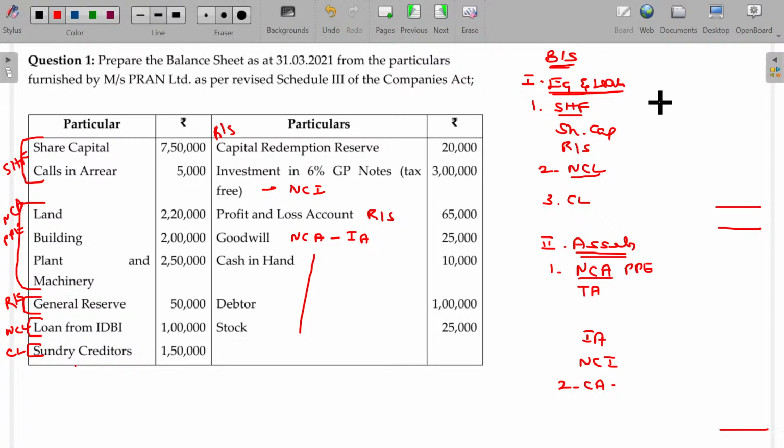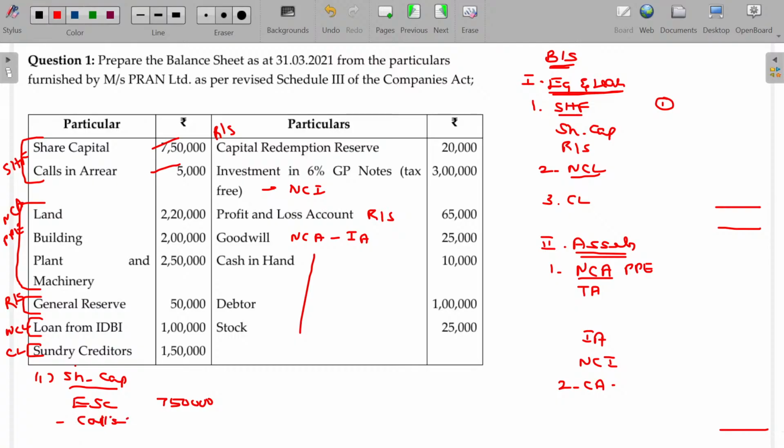Number one, shareholders' funds, especially share capital. Under that, we have equity share capital 7,50,000 and calls in arrear.